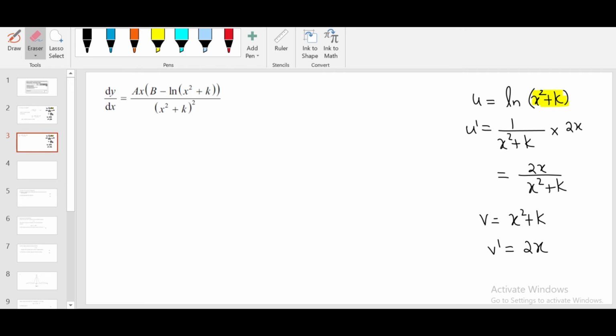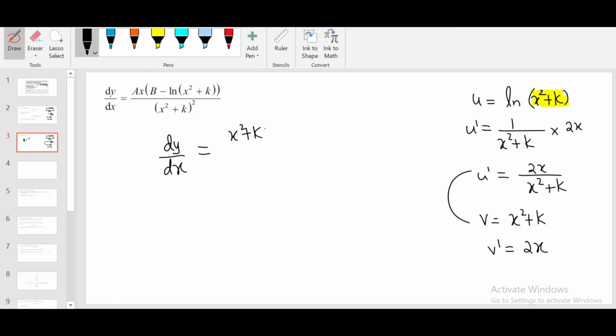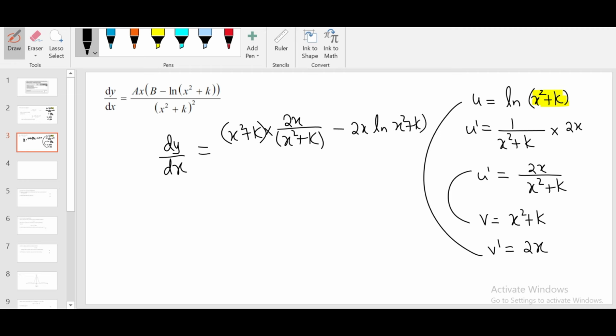We need to write dy/dx in this form. I'm going to apply the quotient rule now. The quotient rule is v u dash, which is (x² + k) times 2x divided by (x² + k), minus u v dash, 2x ln(x² + k), divided by v squared, (x² + k) whole squared.